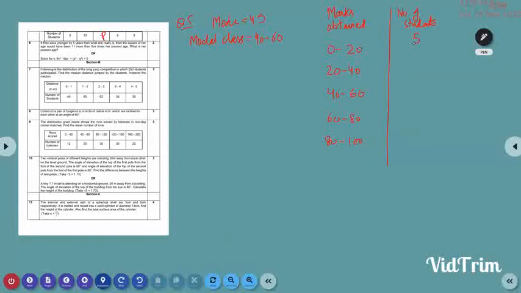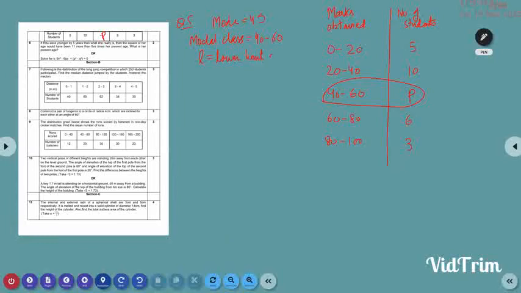F0 is the frequency of the class preceding the modal class. मॉडल क्लास से पहले की जो क्लास इंटरवल है उसकी फ्रीक्वेंसी को हम F0 बोलते हैं. So here F0 will be 10.